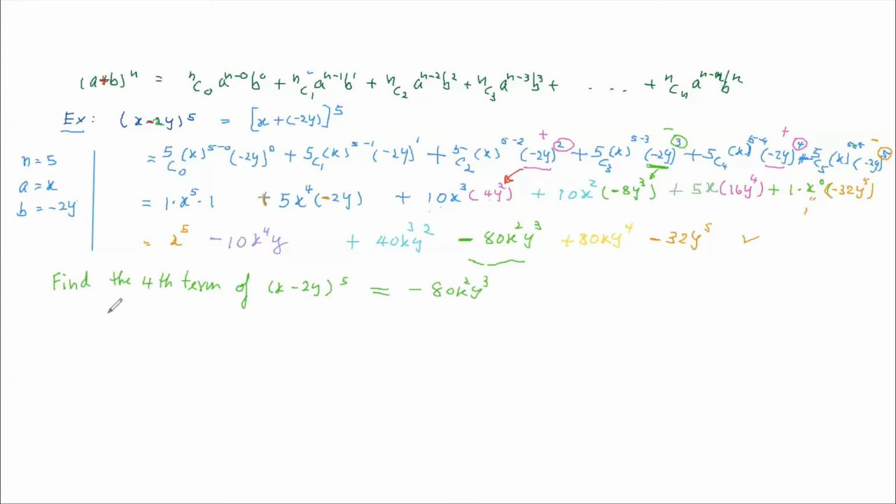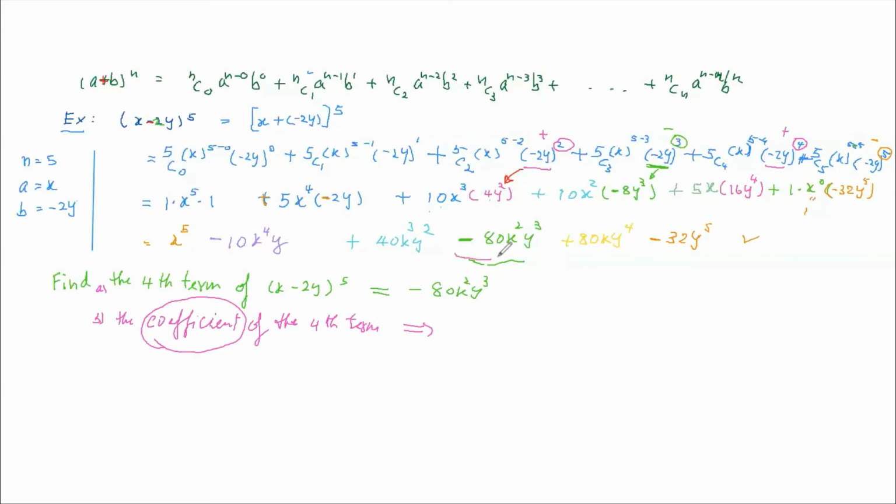But say, for example, this is a and this is b. If the question says find the coefficient of the 4th term, then you count the same way, 1, 2, 3, 4, but right now they need only the coefficient. Coefficient means the number in front of the unknowns.